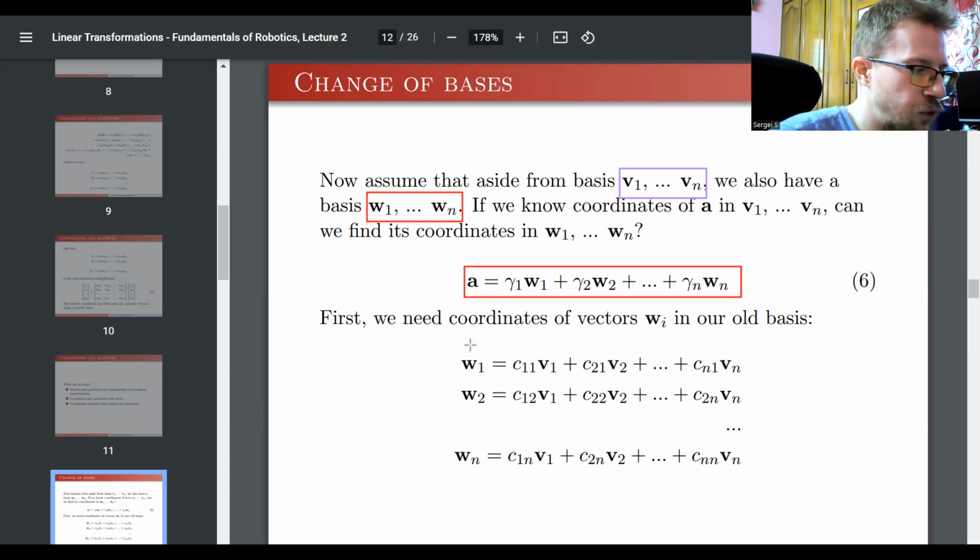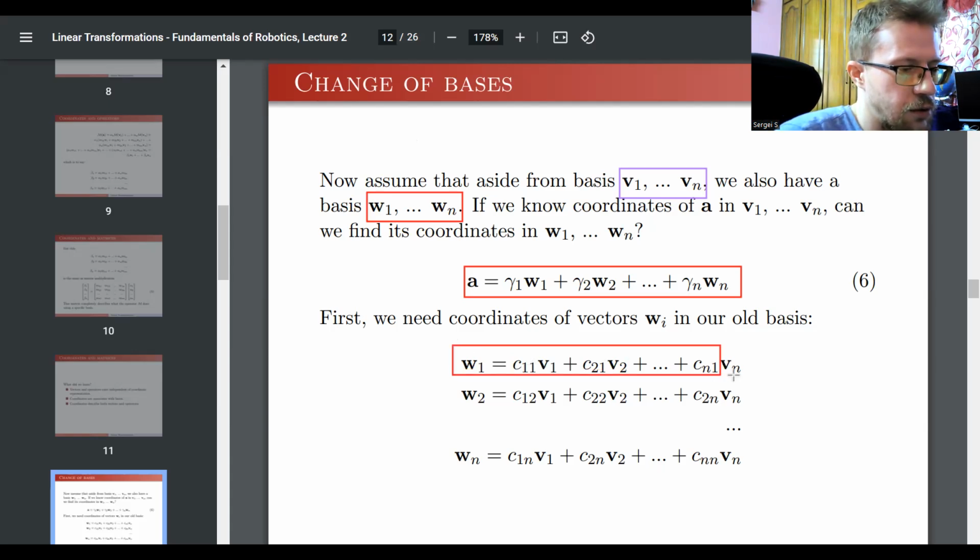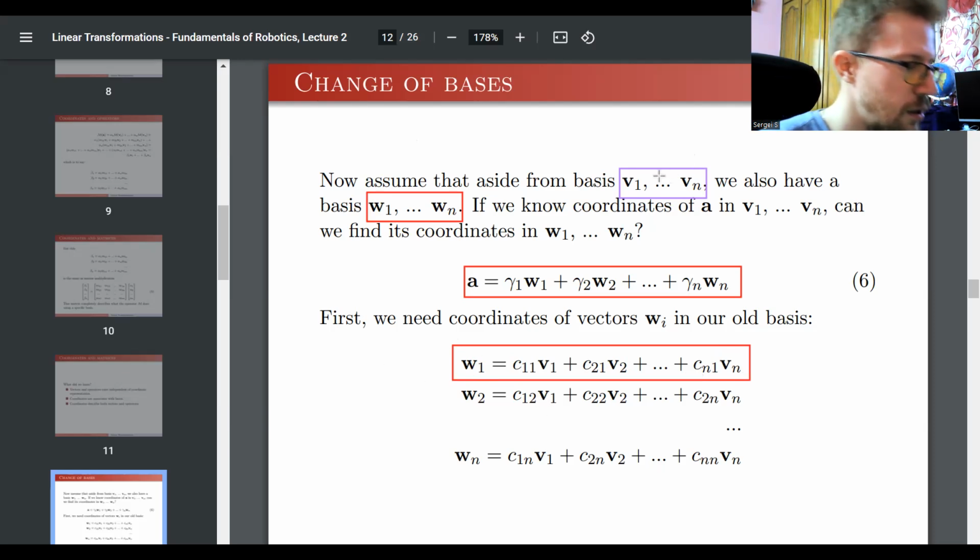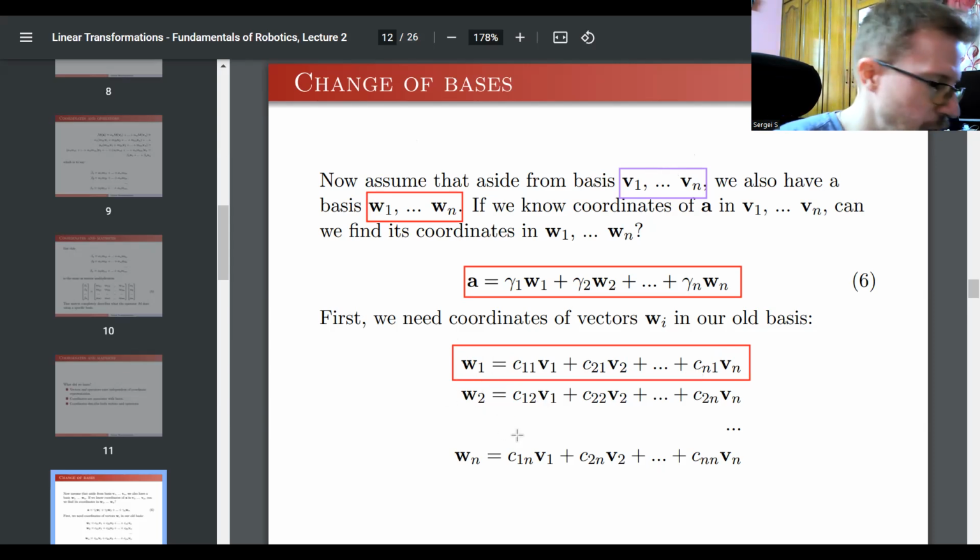All right. So first we want to represent omega 1, omega 2, omega n in terms of V1, V2, Vn. So first we want to express how the second basis is represented in terms of the first basis, right?